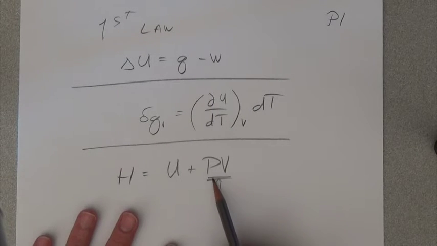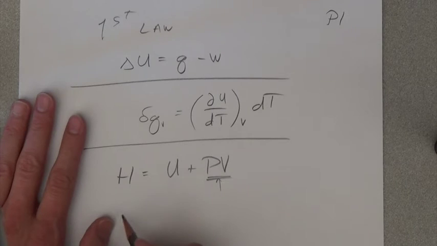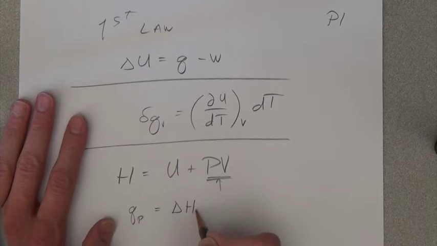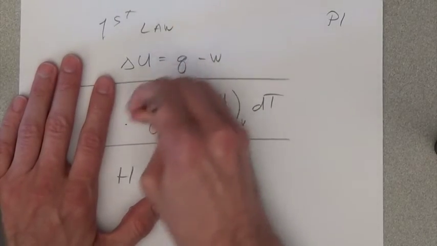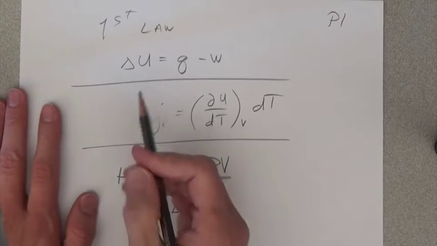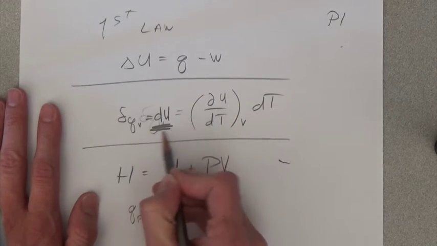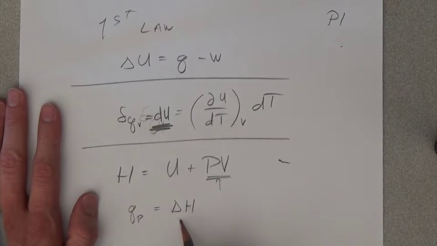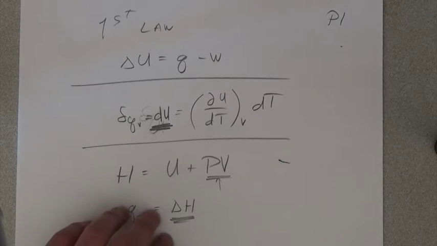But in this case, we have pressure volume work, and we defined Q_P equal to delta H. I should point out that in the case of constant volume, we had dQ_V equal to dU, and in the case of constant pressure, we have delta H. And that's where we ended lecture on Wednesday.